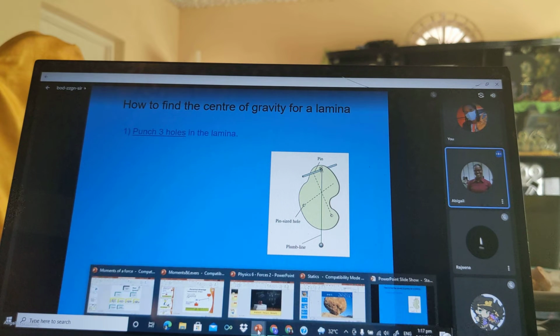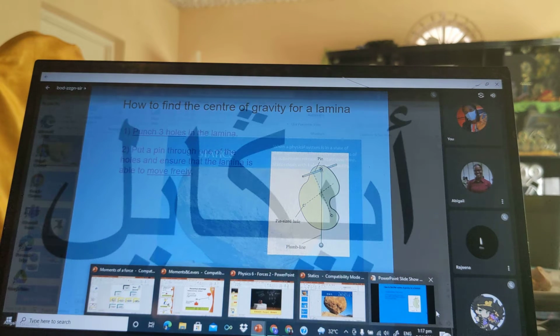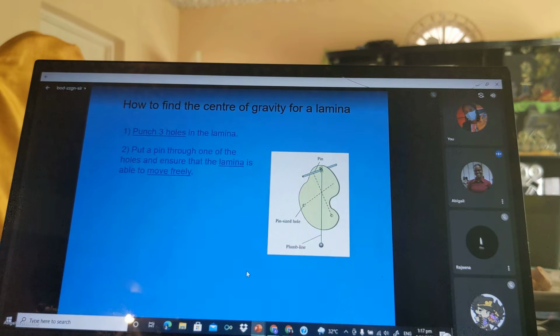What you do, you punch 3 holes in different sides of 3 different sections, not necessarily close together. Then you put a pin through one of the holes and ensure that the lamina is able to freely swing. To that pin, you're going to tie what we call a plumb line.